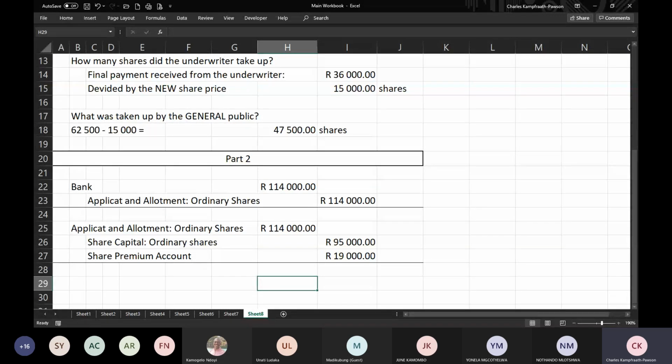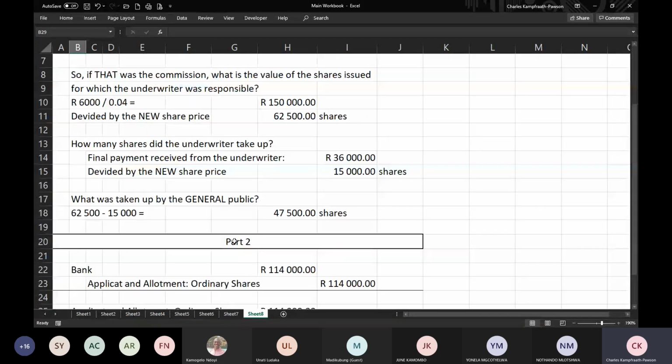Okay. Then we had another issue, because we did issue an entire 62,500, but a portion was taken up by the underwriter.